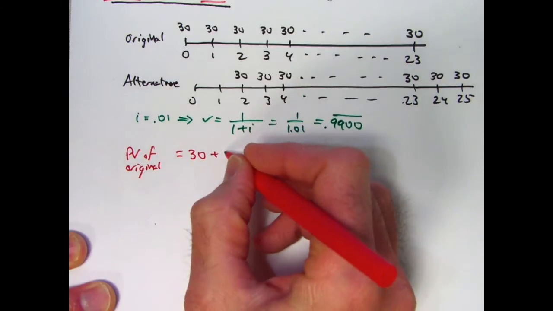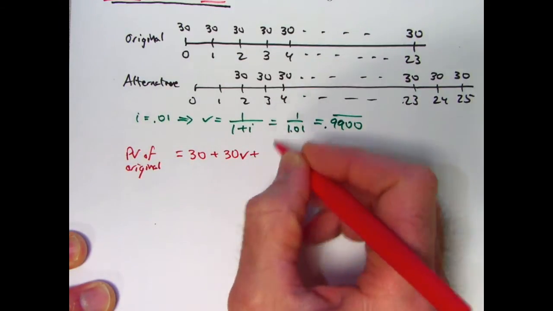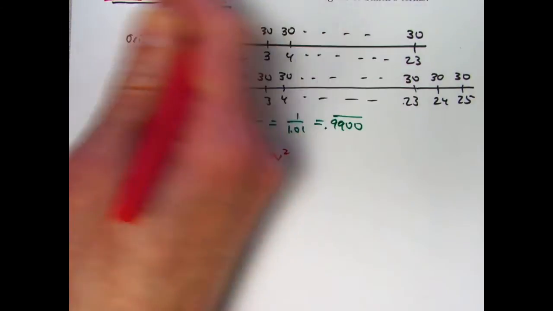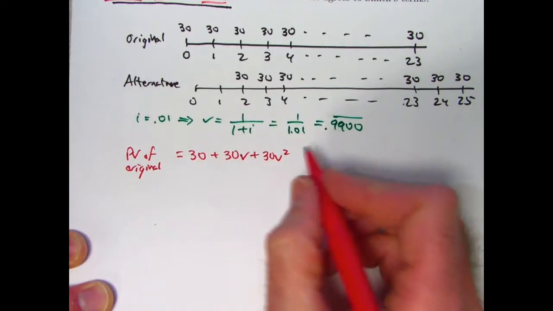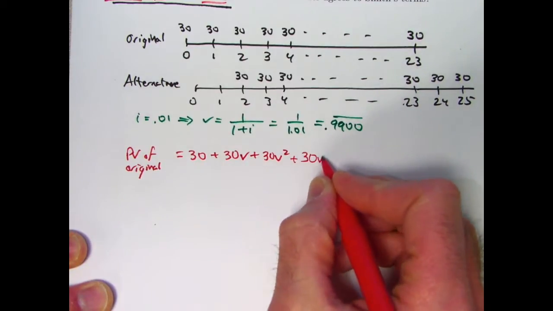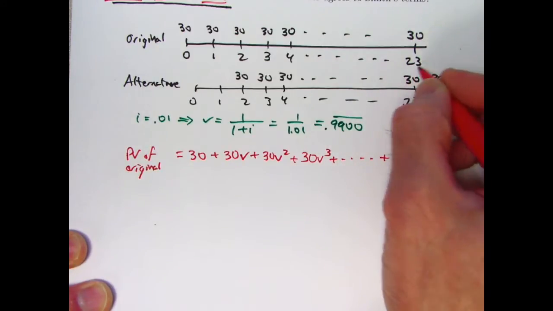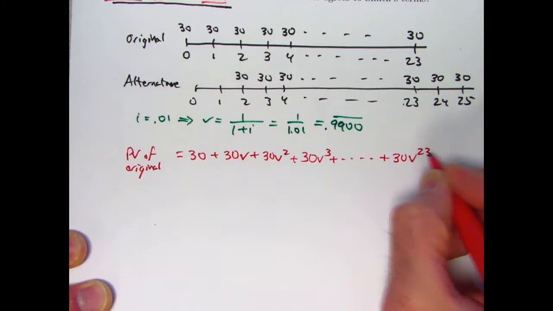The second payment at time 1 needs to be multiplied by v. The third payment at time 2 needs to be multiplied by v squared, because we're pulling it back in time 2 times to time 0, etc. The last payment is this 30 at time 23. Its present value is 30 times v to the 23rd power.